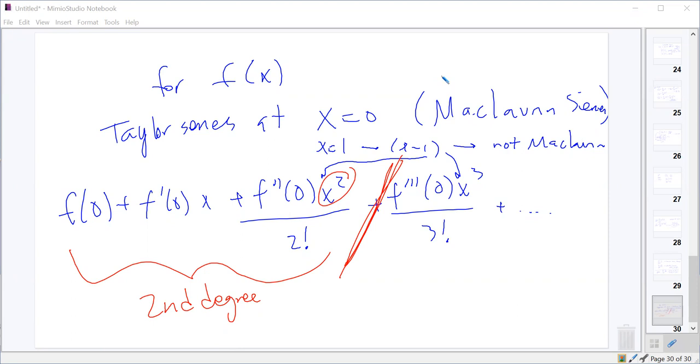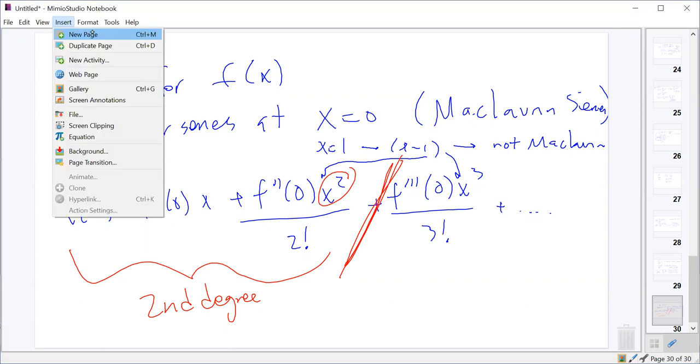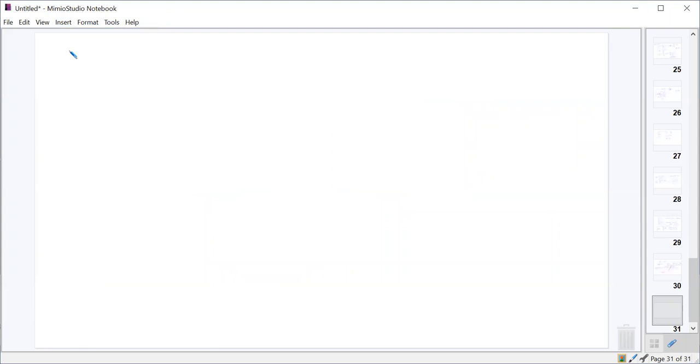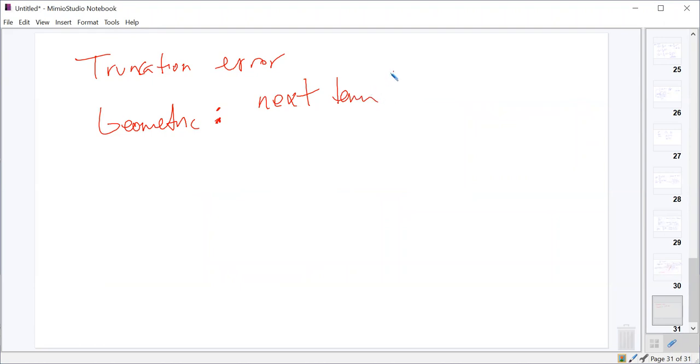Cool. All right. And then in terms of truncation error, which is something we need to talk about. If we have a geometric series, the truncation error is just the next term times the original series, right?